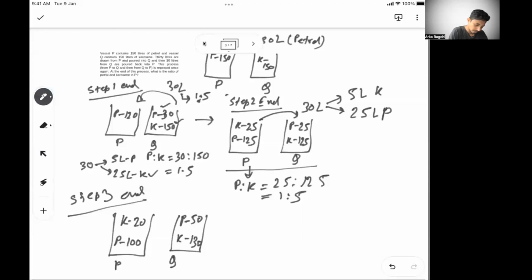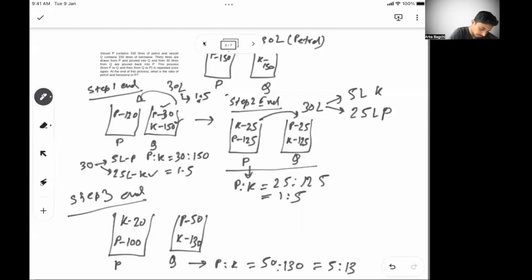So here now petrol to kerosene is 50 is to 130, or we can say 5:13 ratio.